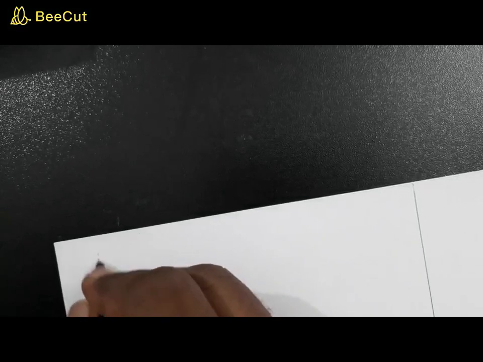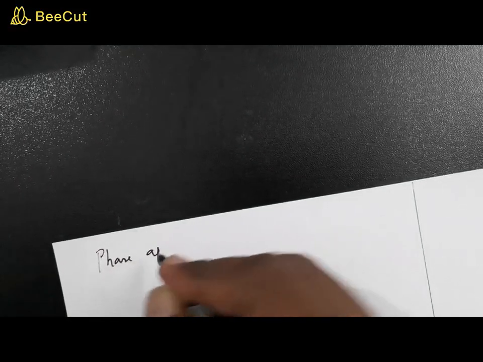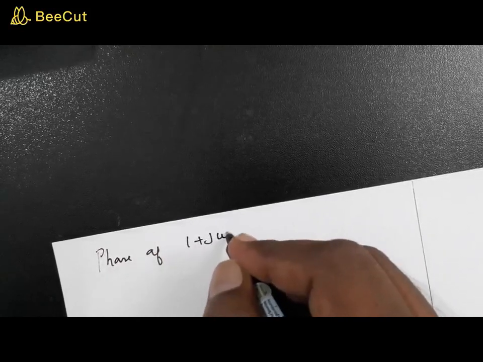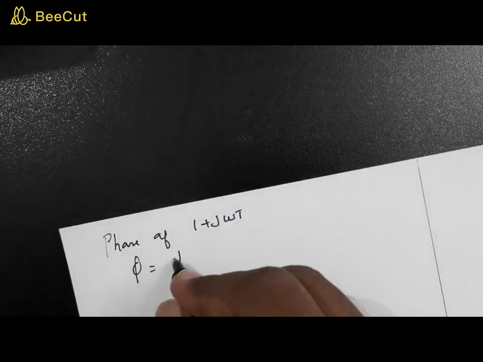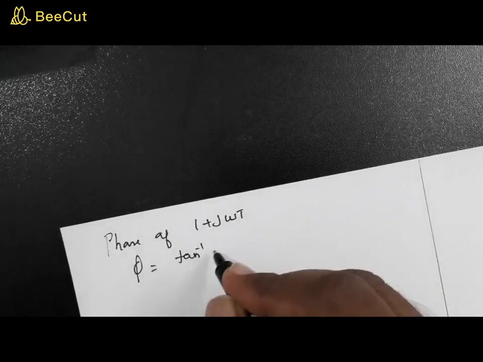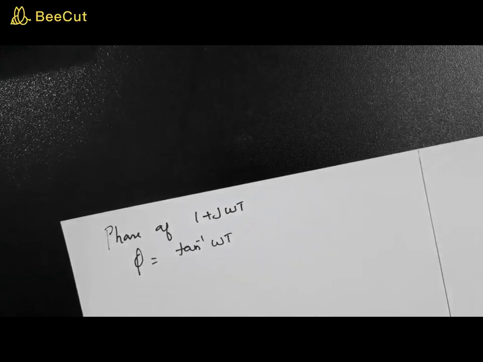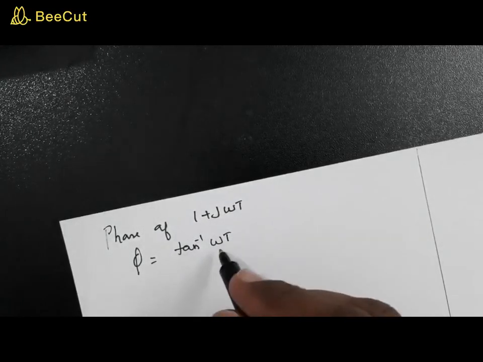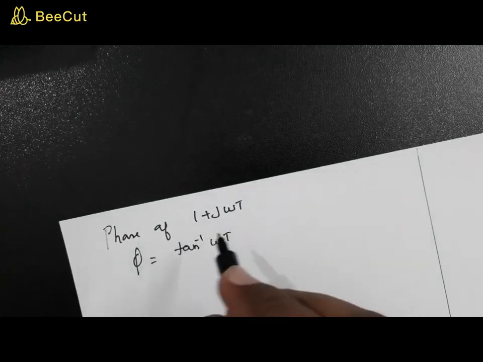Okay, now let's see the phase of this 1 plus j omega t term. What is meant by phase? Phase is tan inverse b by a. This is tan inverse omega t. So you don't need any decade variation.